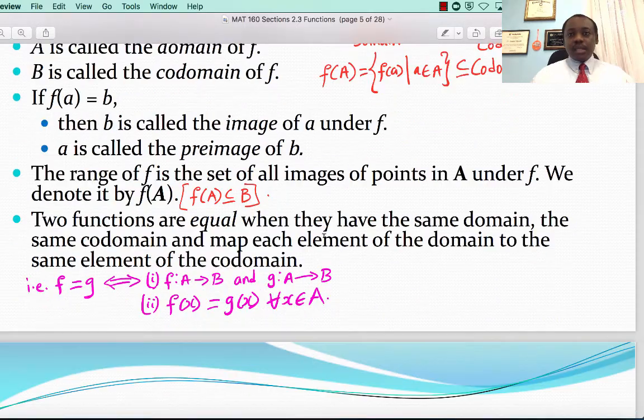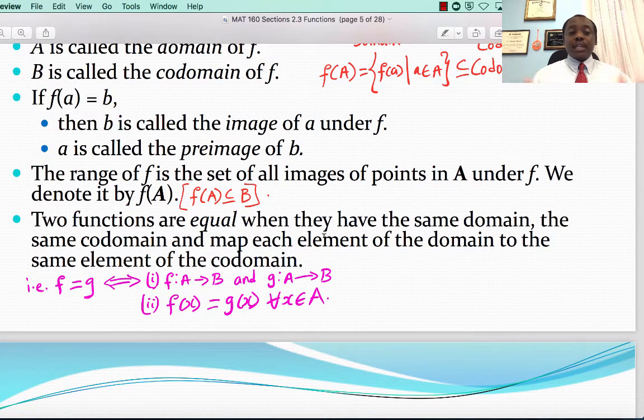Now, before we proceed, it is important to note when two functions are equal, okay? And we will do that in almost every class. In linear algebra, we will discuss what it means for two matrices to be equal, what it means for two vectors to be equal. Well, what does it mean for two functions to be equal?